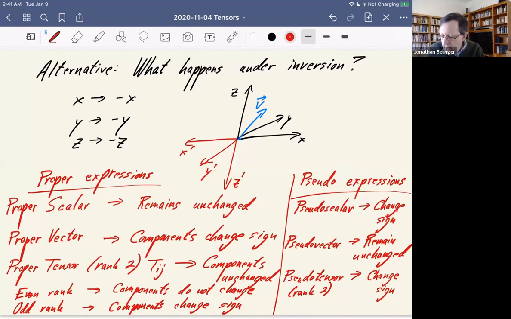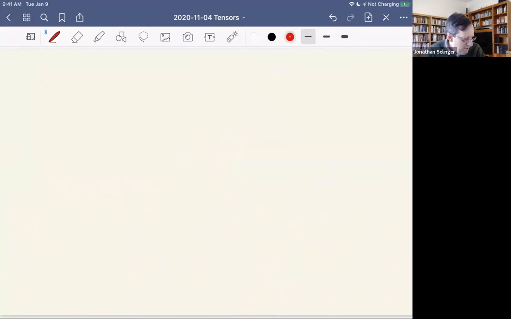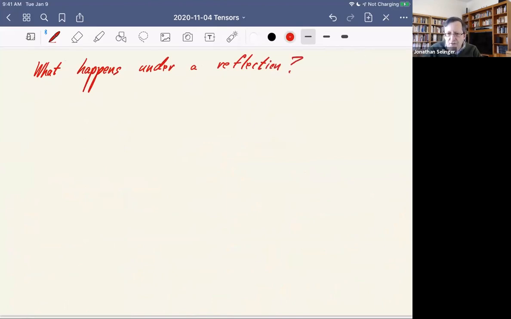Now, one way in which this is especially important is, you could ask, what happens under a reflection? That is a mirror image. Okay. This is a different kind of transformation, right? So suppose we have a mirror here.